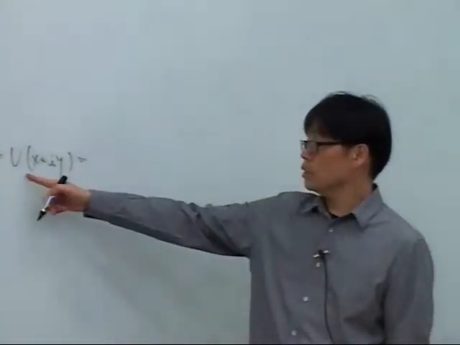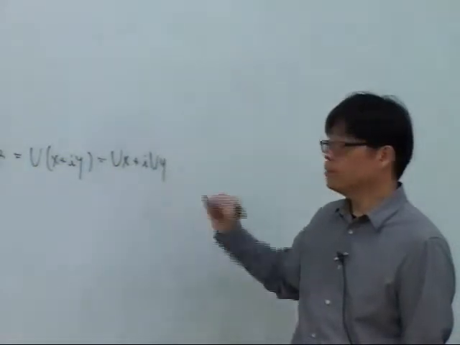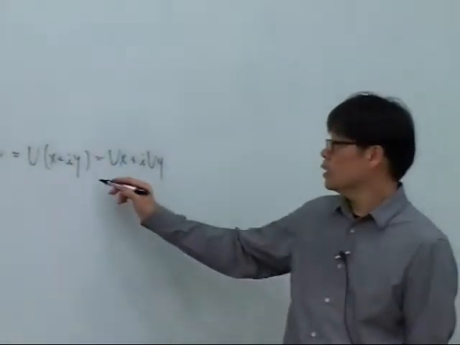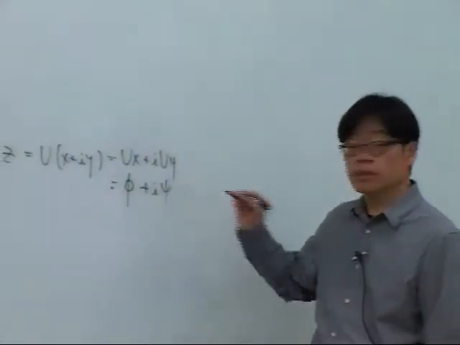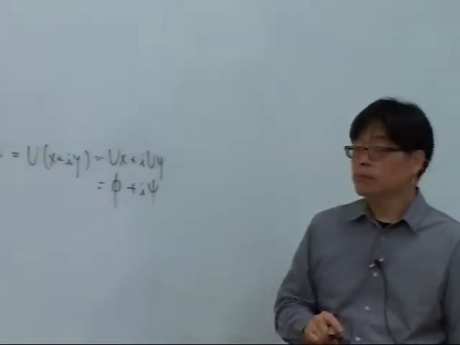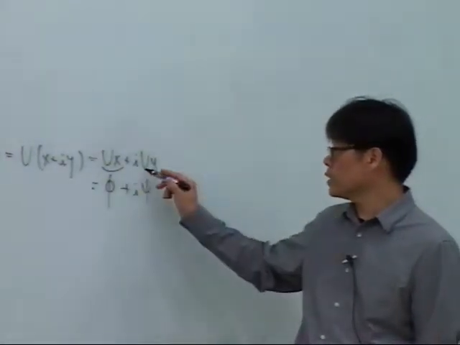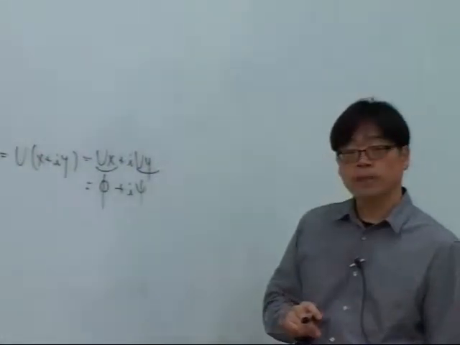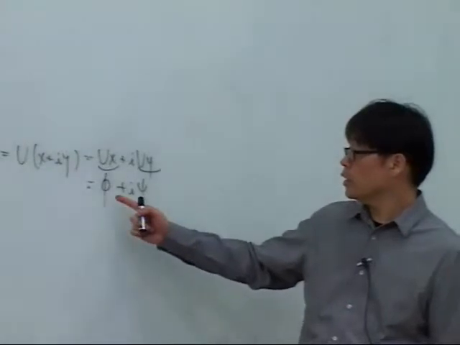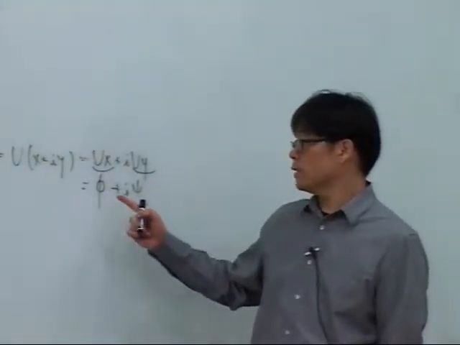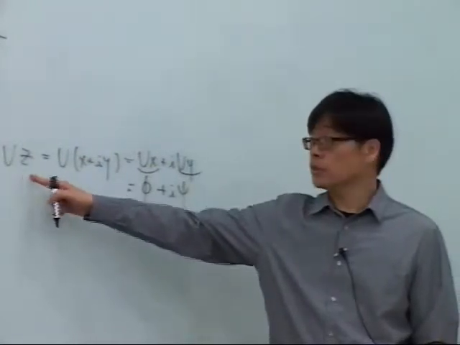So its real part is Ux, and the imaginary part is Uy, meaning that this is phi, the velocity potential, and this is the stream function. As you can see, this represents the uniform flow in the x direction.